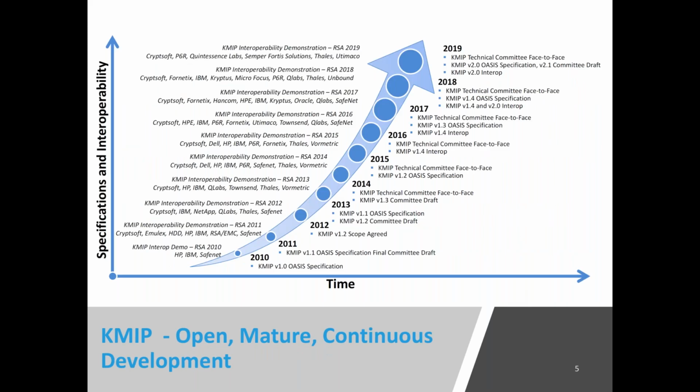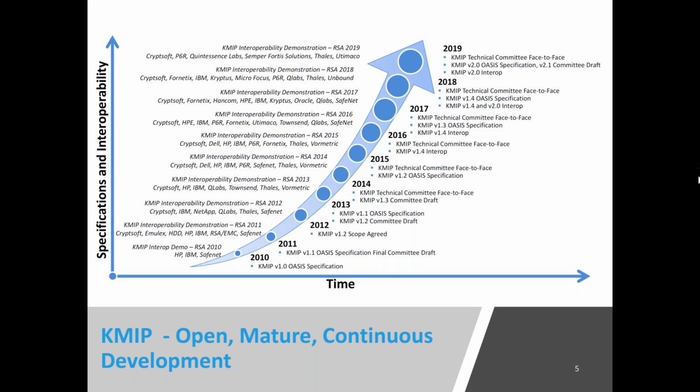So the actual KMIP technical committee was started 10 years ago in 2009, which was originally an effort where 4 companies had come together. Both the storage and security key management vendors were the initiators of this, and we brought this into the OASIS community.